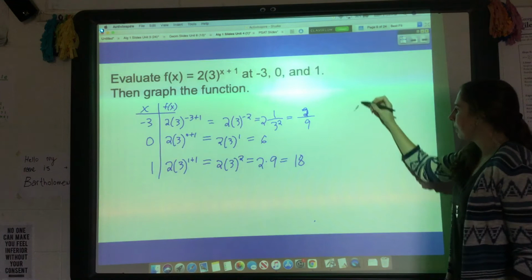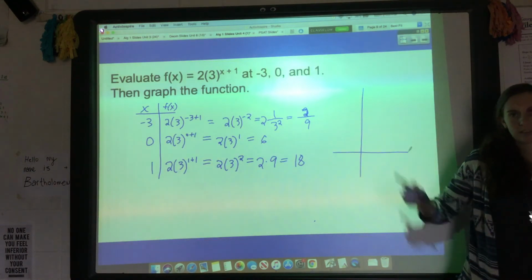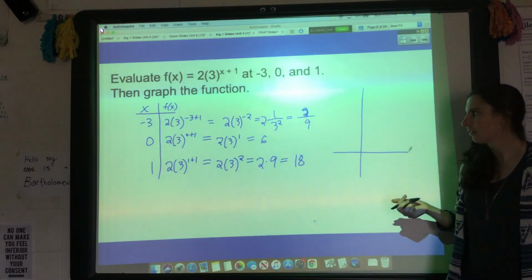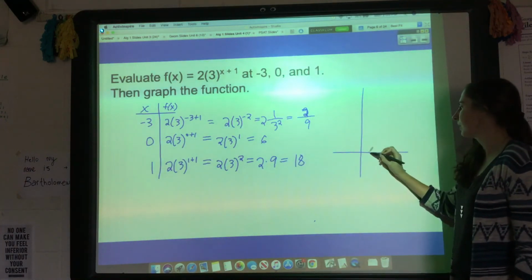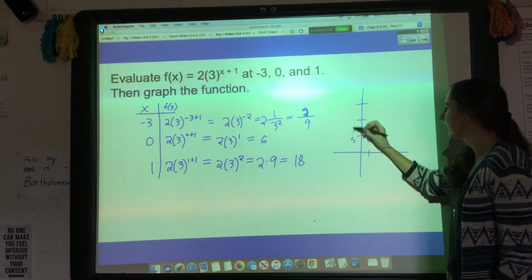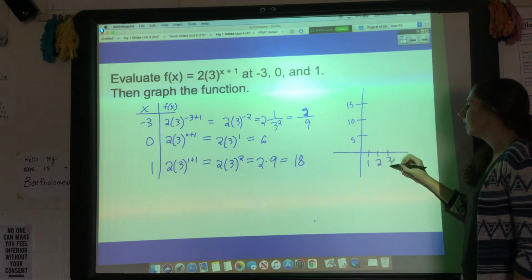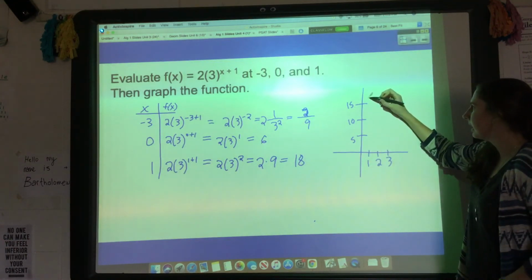So this actually gives me a pretty decent graph if I just graph these points. The inputs and outputs, remember, correspond to the x and y's on your graph. So I have the point 1, 18, so let's go by 5s, 5, 10, 15. So I've got the point 1, 18, somewhere around here.